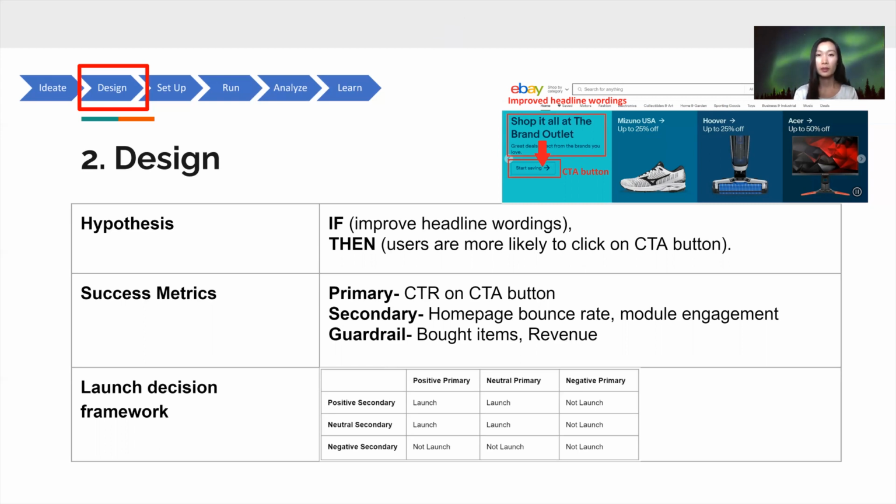One of the common pitfalls is that a lot of people use revenue as a primary metric because, understandably, management needs to understand the bottom line. So revenue is always something that is of interest. However, the problem is that between the user seeing your headline wording all the way to making or not making a purchase, a lot of things can happen.